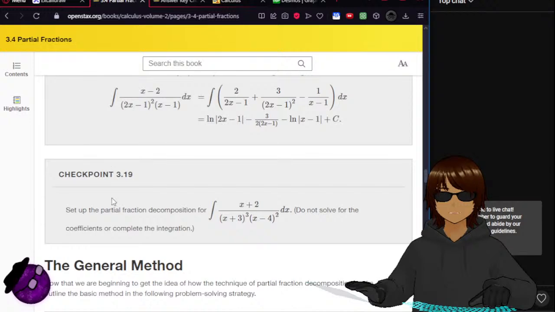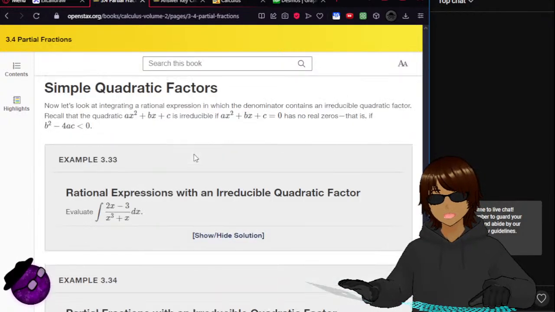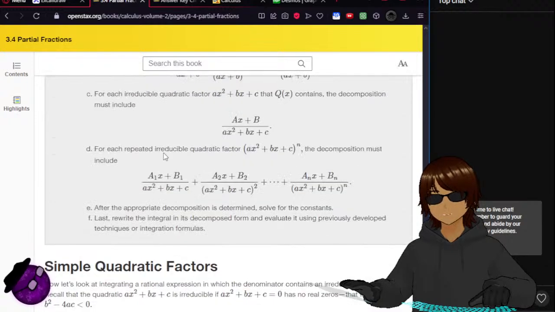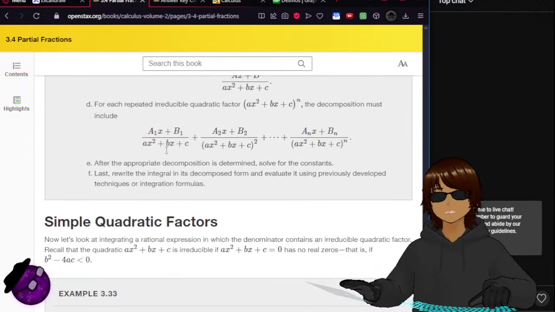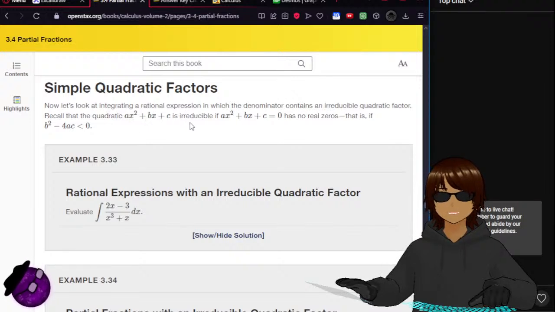I don't think we did irreducible quadratic factors. Recall that the quadratic ax squared plus bx plus c is irreducible if ax squared plus bx plus c equal to 0 has no real zeros.